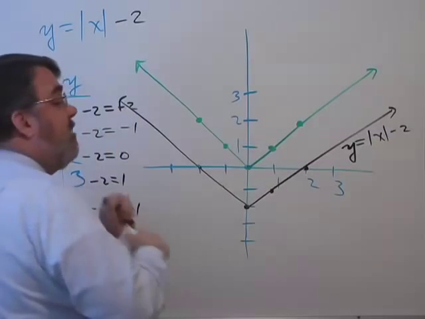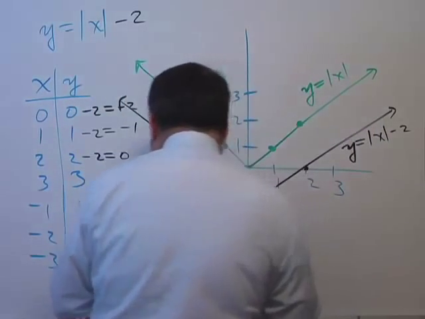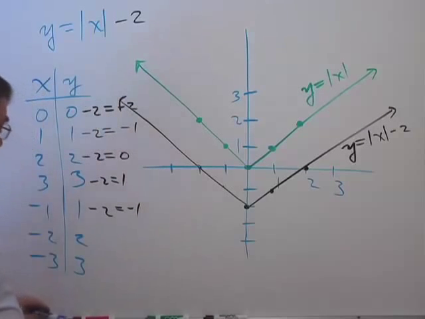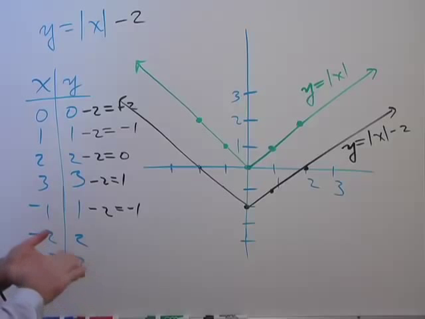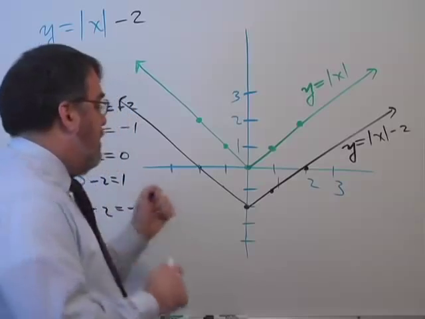And then here's our original function, y equals absolute value of x. Alright, so this is called a vertical translation, or vertical shift. And so I would describe it as a vertical shift by -2, down 2.